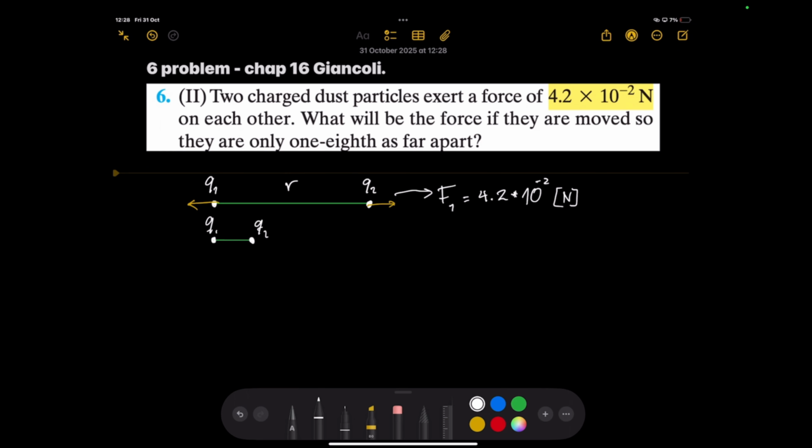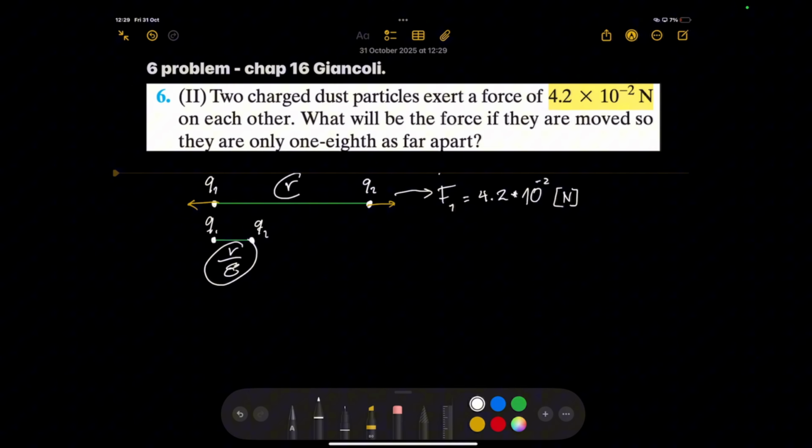We know that at a distance r, they are experiencing a force of 4.2 times 10 to the minus 2 newtons. And the question is asking what the force would be if we compressed these two particles so that the distance between them would be 1/8 as far.